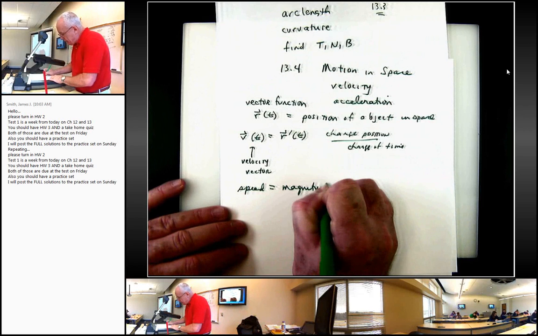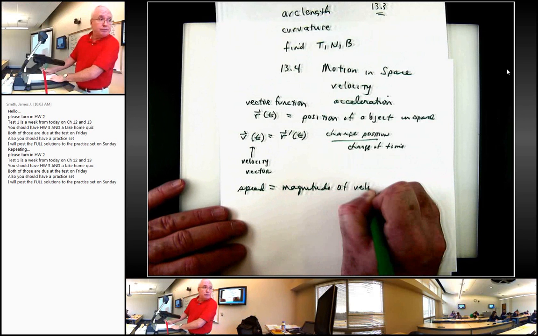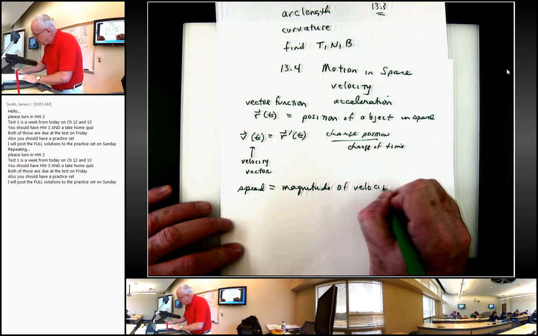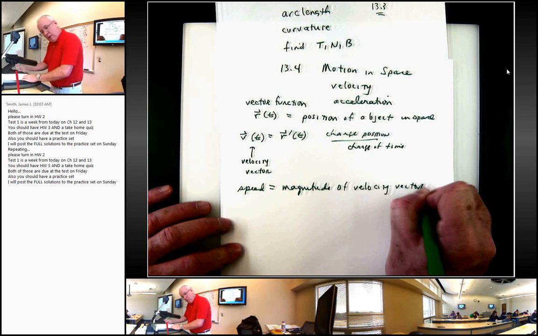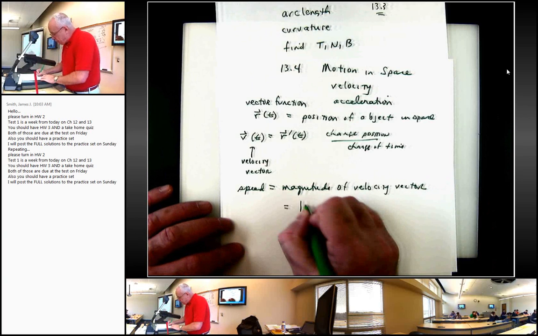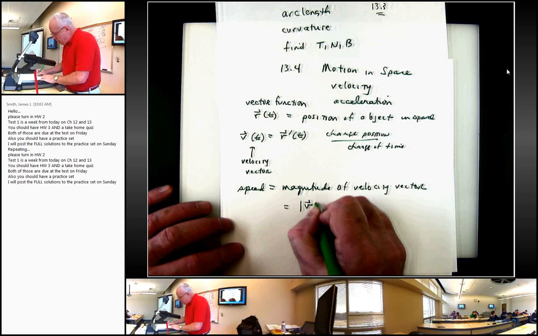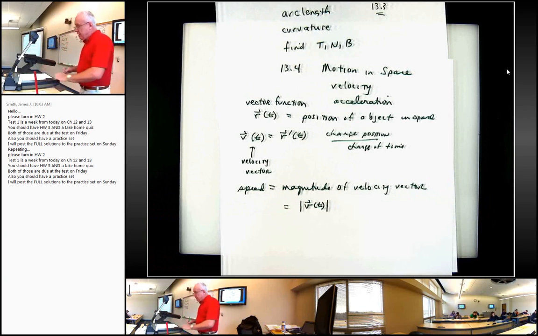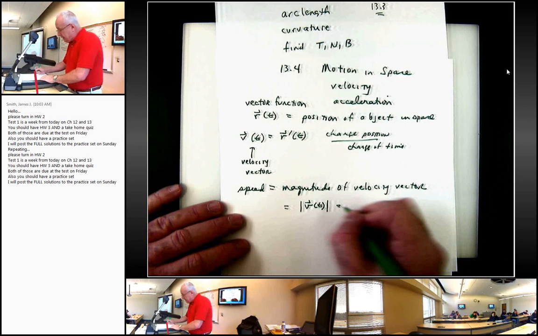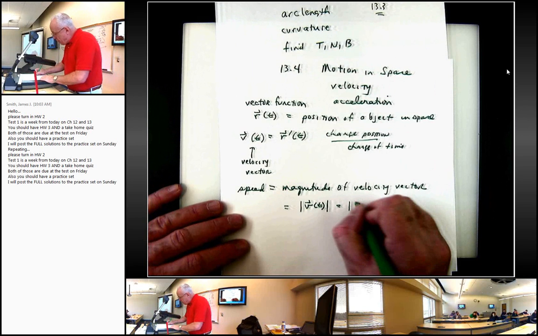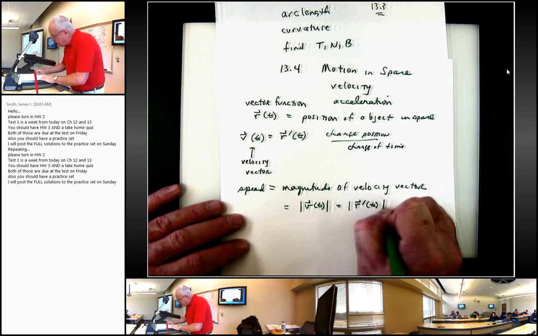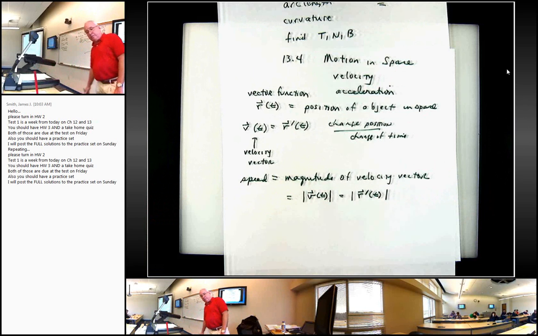In other words, it's equal to the absolute value of the velocity vector. And of course, this is equal to the absolute value of the derivative of the position vector.